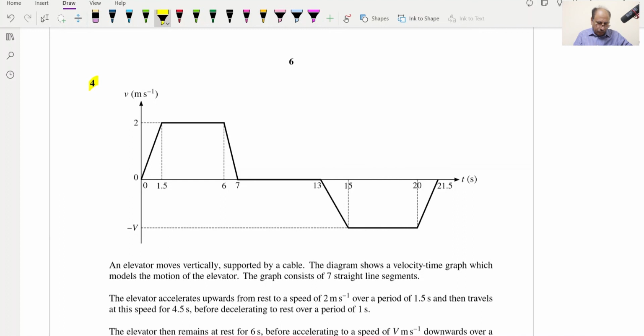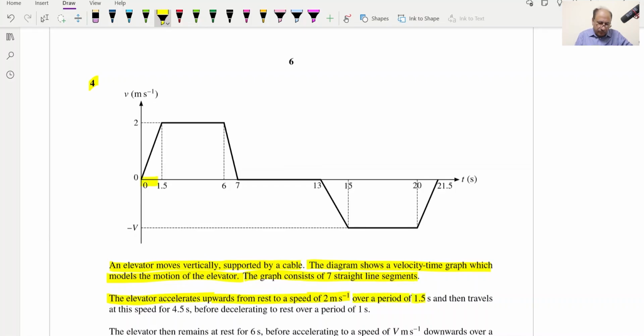Question number 4. An elevator moves vertically supported by a cable. The diagram shows a velocity time graph which models the motion of the elevator. The graph consists of 7 straight line segments. The elevator accelerates upwards from rest to a speed of 2 meters per second over a period of 1.5 seconds.